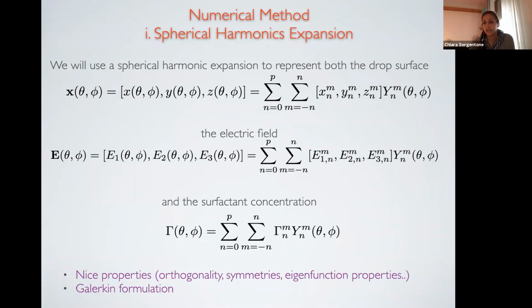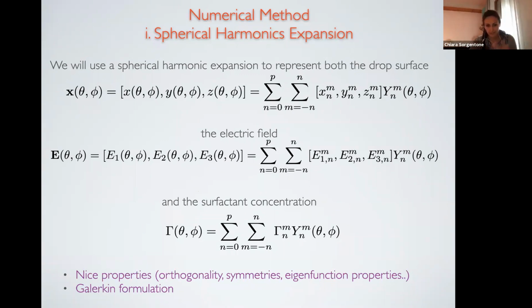So in this method, I'm using a Galerkin formulation, which basically means that instead of solving for the physical variables, I'm solving for the spherical harmonics coefficients. And here I'm again gaining in complexity, because thanks to the symmetric properties of the spherical harmonics, I don't have to solve the whole system, but basically half of the system.